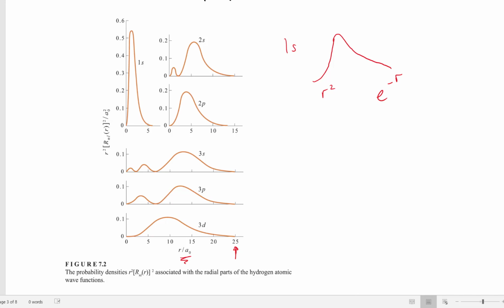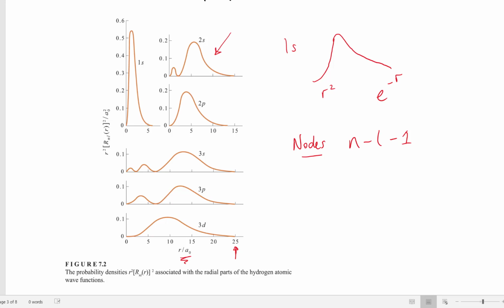A second thing to note is the number of nodes that we have. And so the number of nodes we have is always equal to n minus l minus 1. So we can say, well, how many nodes do we have in the 2s orbital? Okay, so we have a look at the 2s orbital up here.